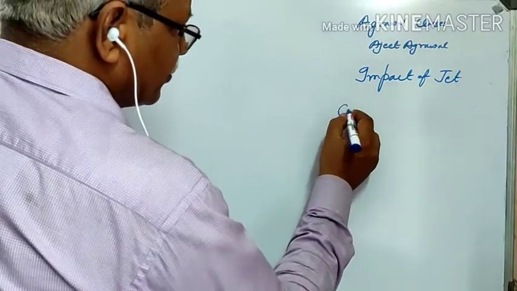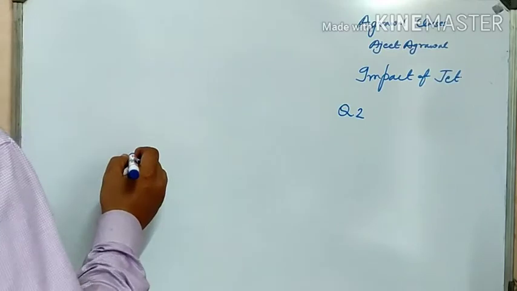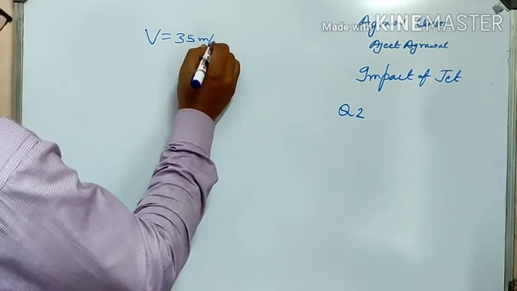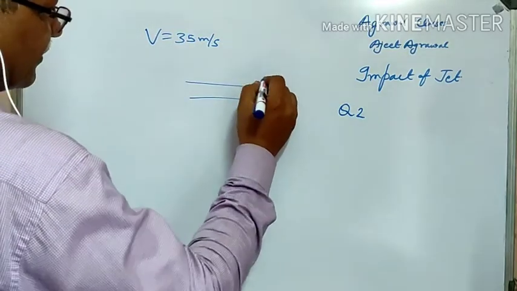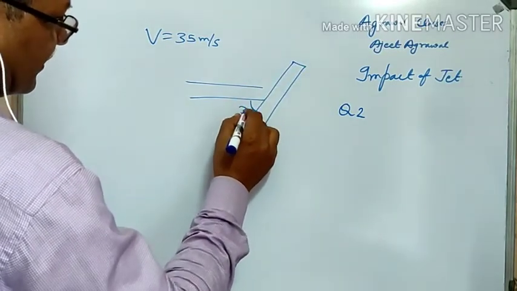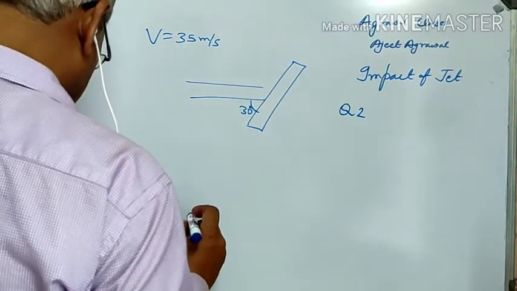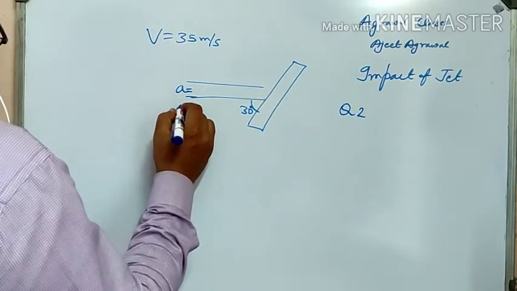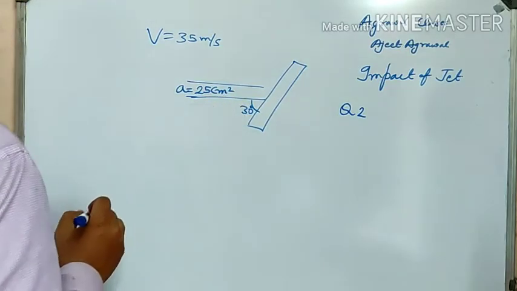In question number 2, it is given that the velocity of the jet is 35 meter per second. The plate is inclined with the jet at an angle of 30 degree, and the cross-sectional area of the jet, that is A of the jet, is given as 25 centimeter square.